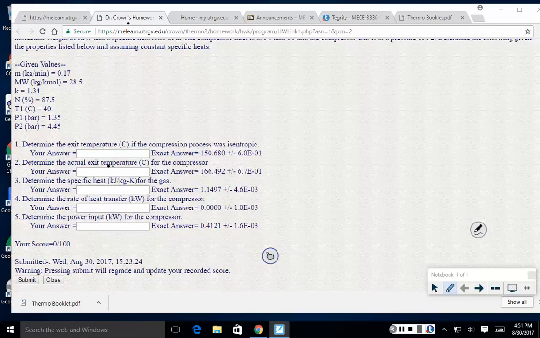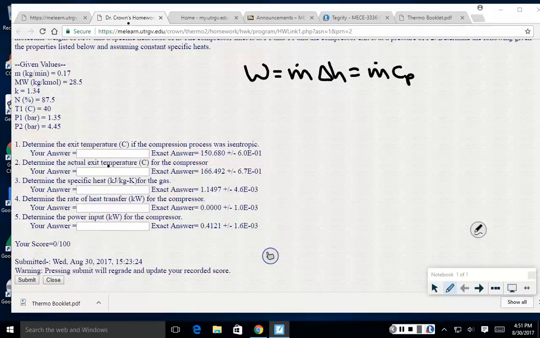Okay, so the work we found was m dot times delta H, which is m dot Cp delta T, which was T exit minus T inlet.